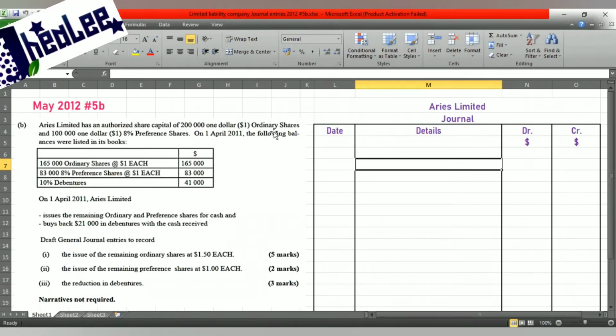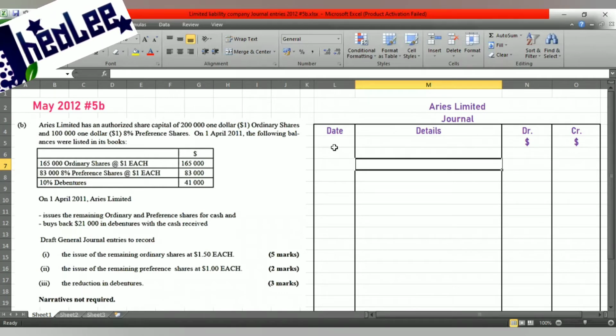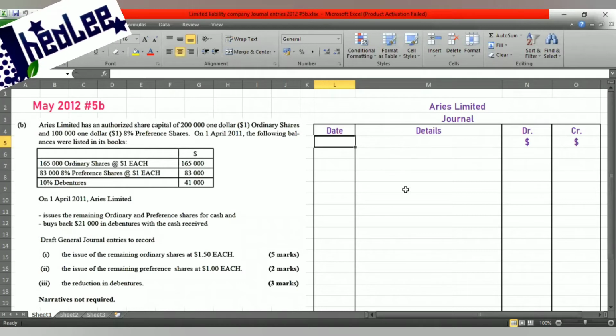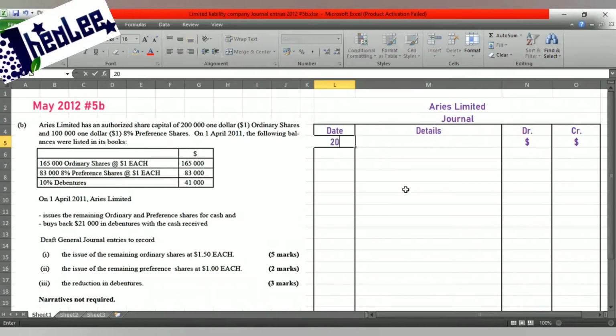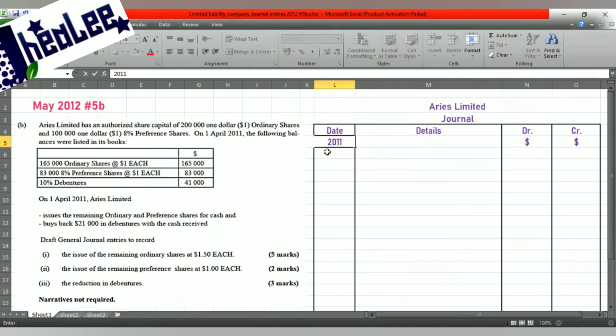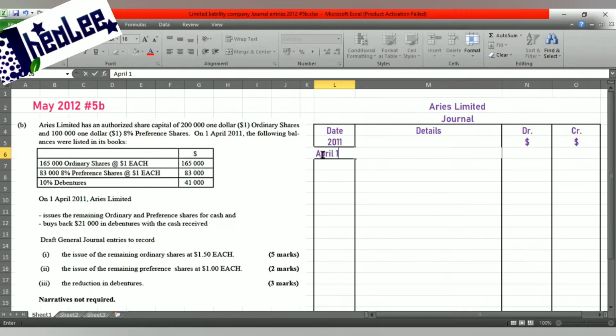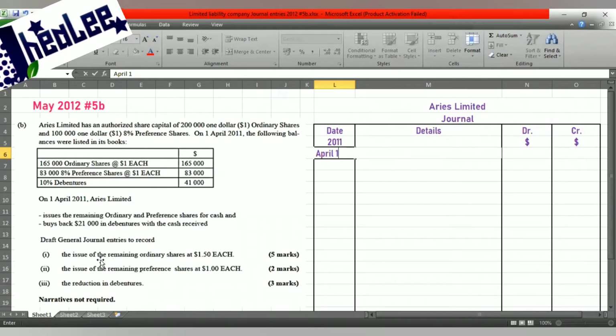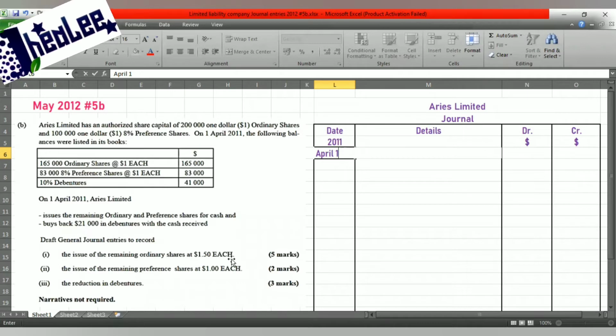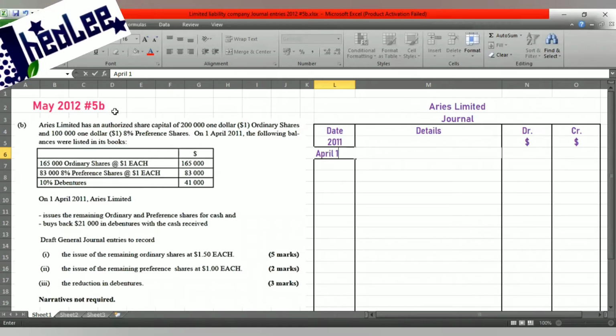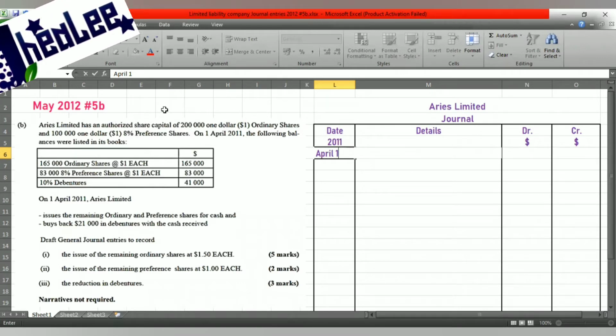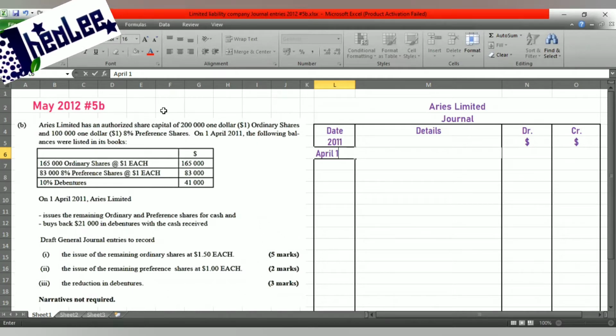So we're going to start with the first item there, and the date is 2011, April 1st, and the information that we got is that they issued the remaining ordinary shares. Now, the authorized share capital, meaning what they're allowed to sell, is 200,000.